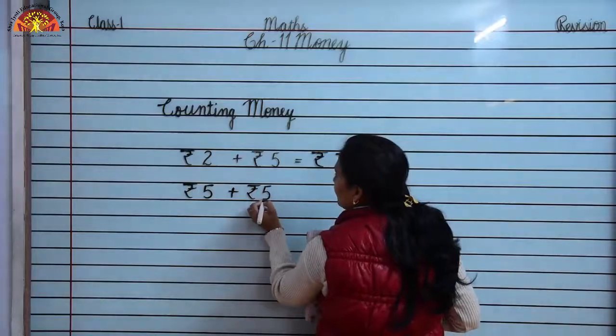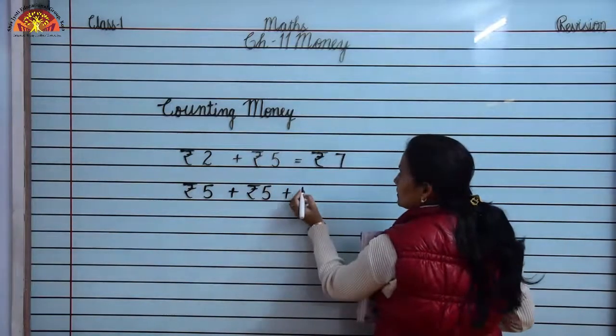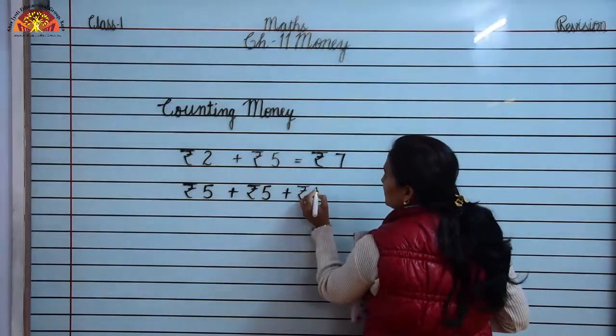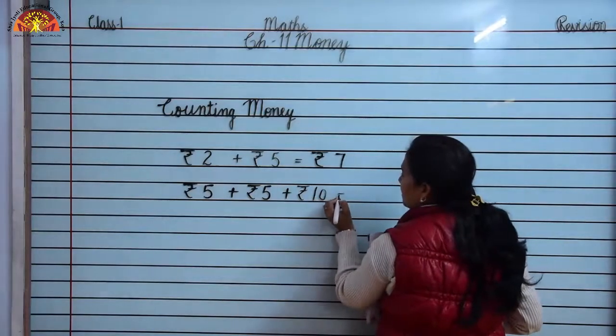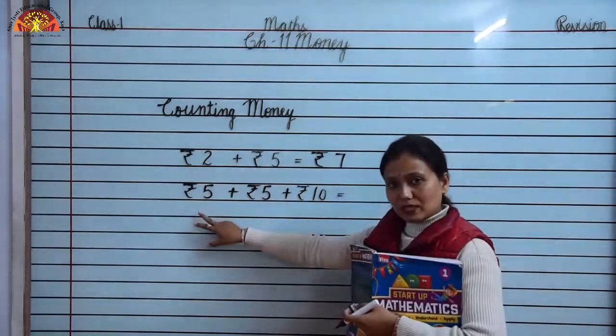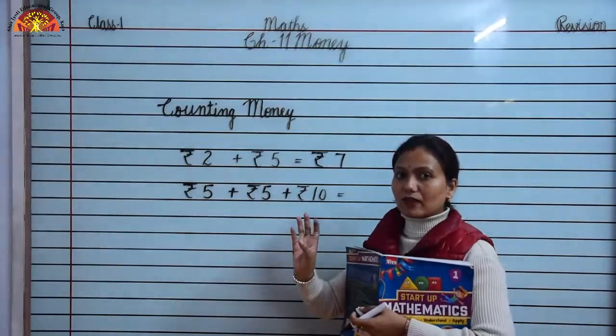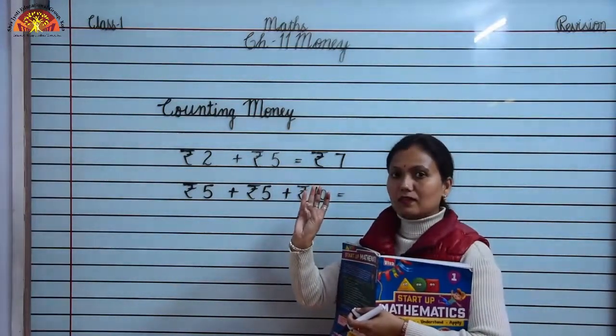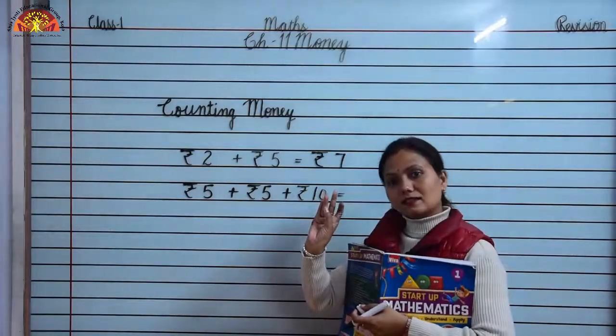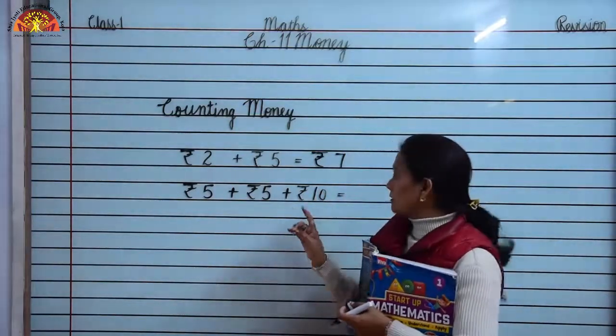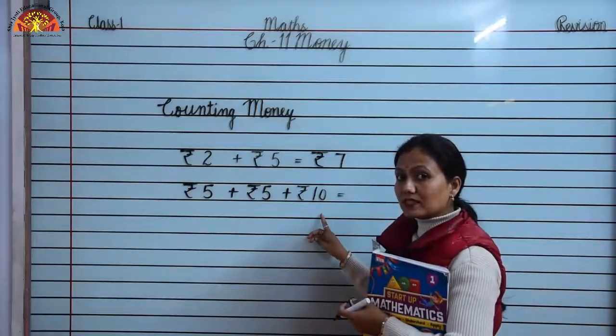One more example. If I want to add rupees 5 plus rupees 5 plus rupees 10. Now rupees 5 plus rupees 5 is equal to how much? Count after 5. 6, 7, 8, 9, 10. Now after 10, again we have to count rupees 10.